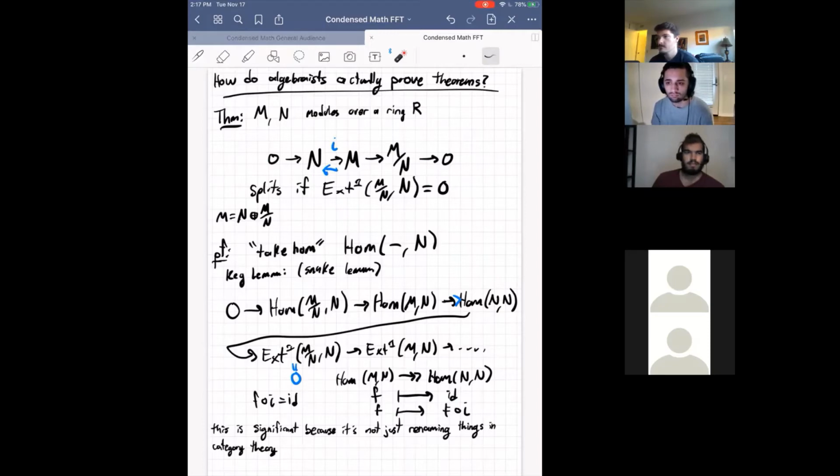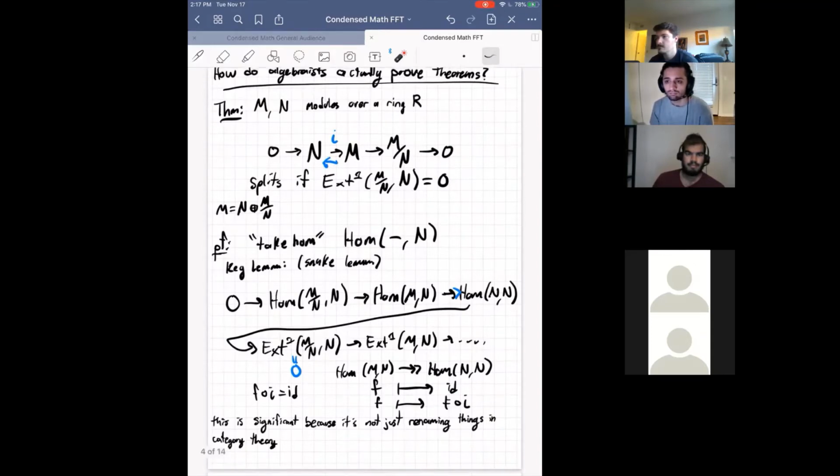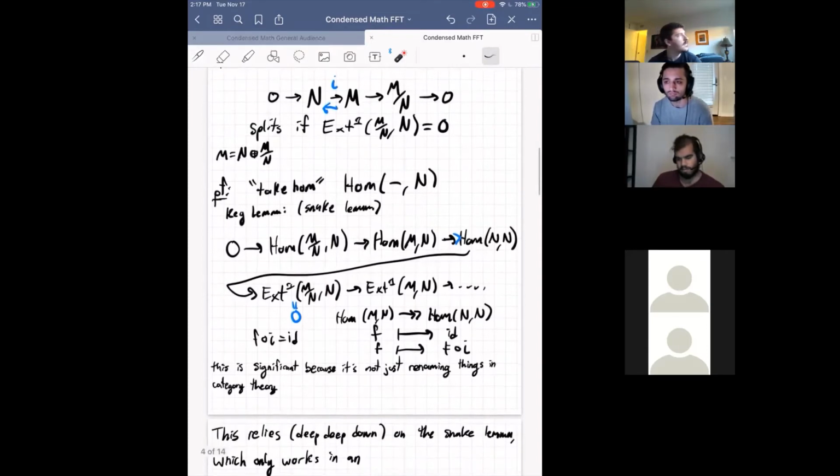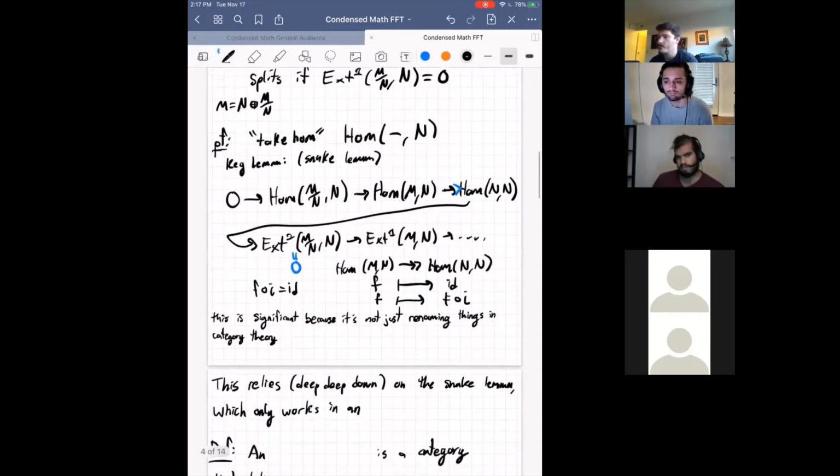So hopefully now you're convinced about the usefulness of this sort of way of thinking. And if we're convinced that a trick is useful, we want to be able to use it in its most general setting. For this trick, the most general setting is what's called an abelian category.